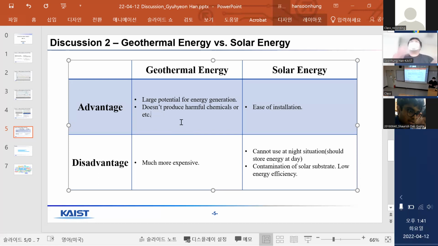And solar energy is quite simple and easy to install, but it still has some shortcomings: it is only useful in daylight, and contamination can decrease the efficiency. I think you guys had good ideas.